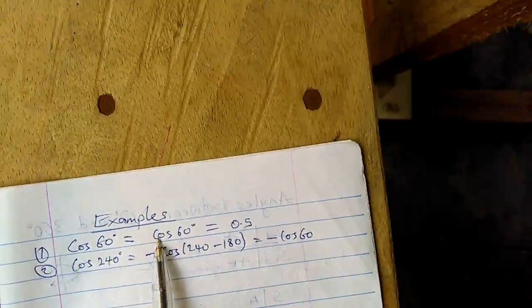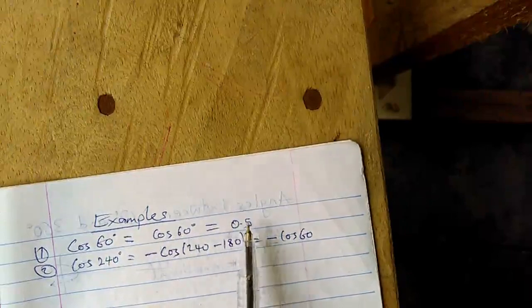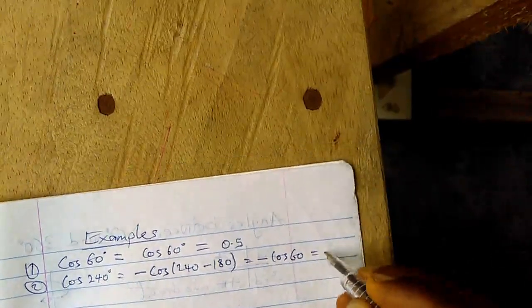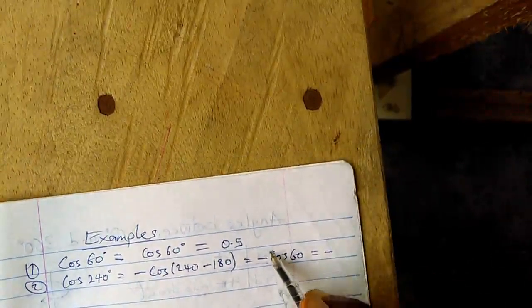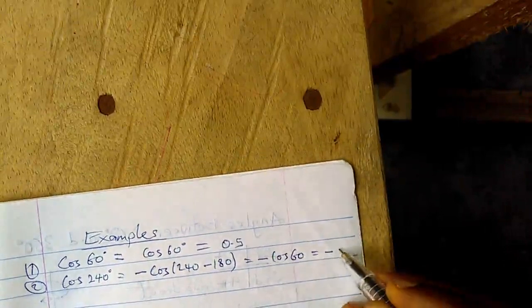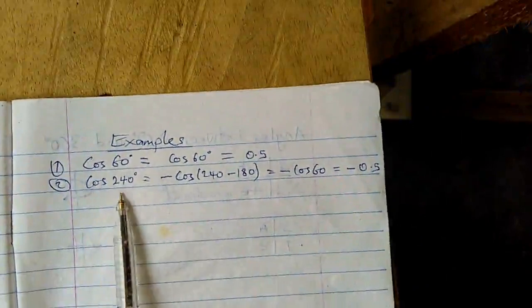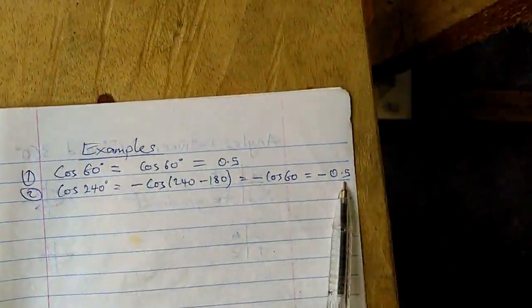So we are back to our 60. Cos 60 is 0.5, but this is minus cos 60. So it will be minus, then the equivalence of cos 60 is 0.5. So cos 240 degrees is minus 0.5.